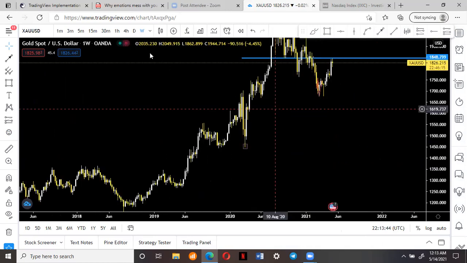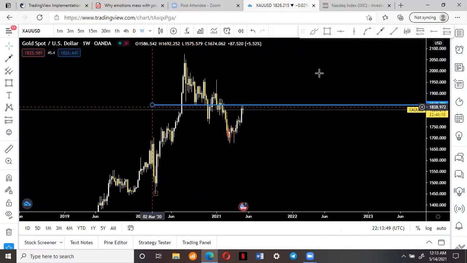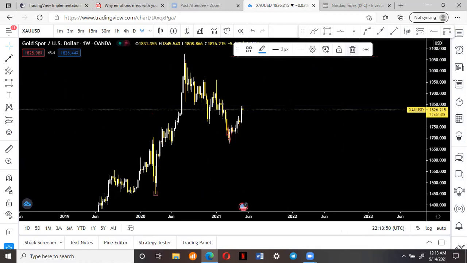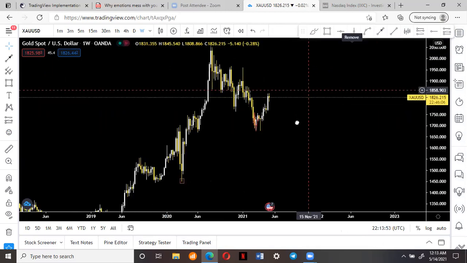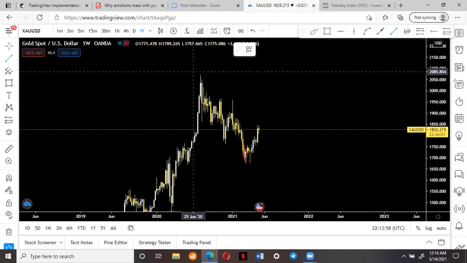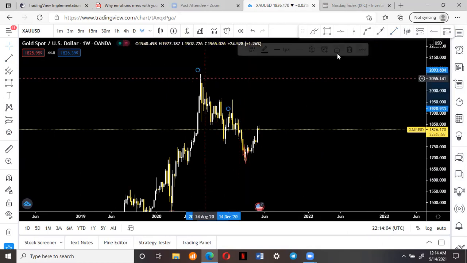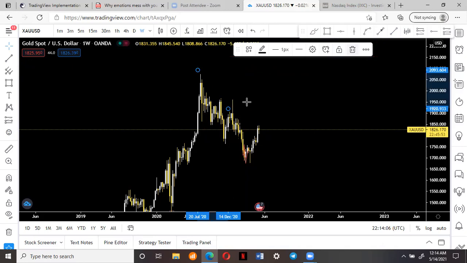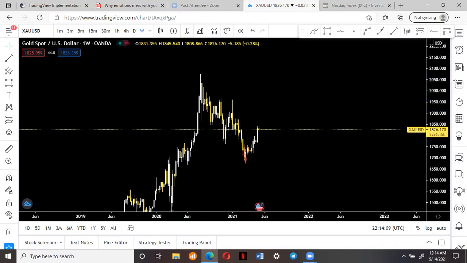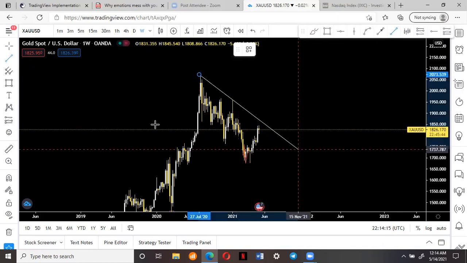All right, looking at this chart, we are having a trend there.